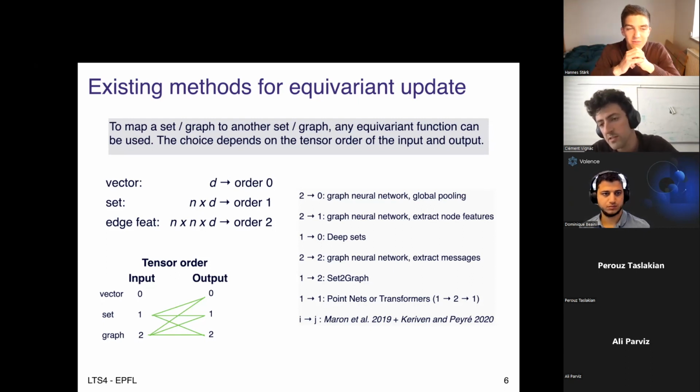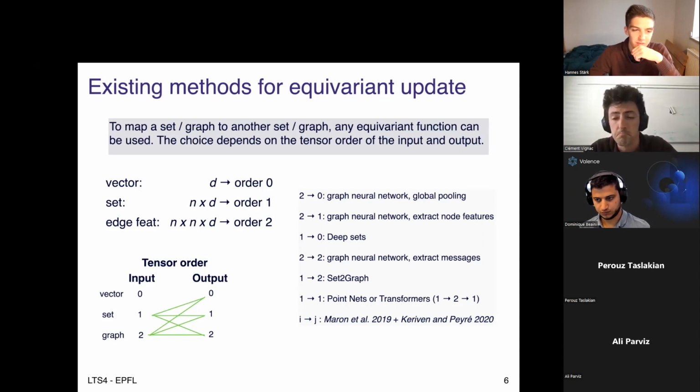Yeah, you can. Even if you have a set and you want to predict a graph, you will still update this set in the process. It's not that the set is fixed and you cannot change it anymore. So I'm not saying that it's necessarily the best strategy, but it's still flexible.